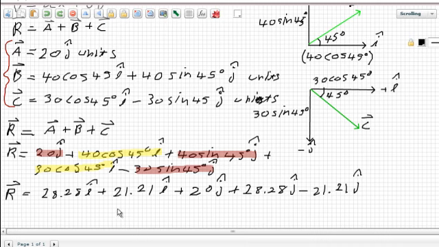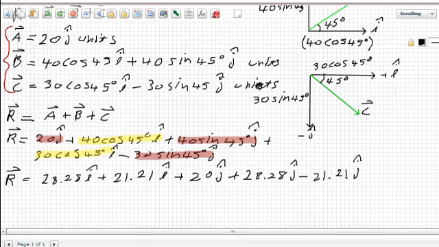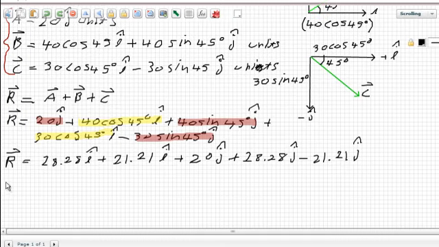Alrighty, so now we just have to take our calculator and add all of those up, and we should get 49.49 i, plus, and once we add up all the j's, we should get 27.07 j.